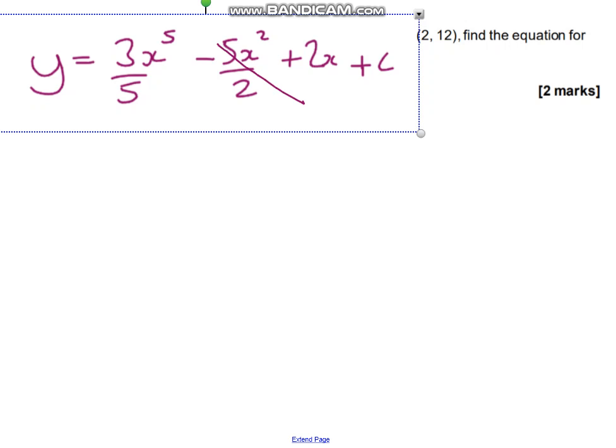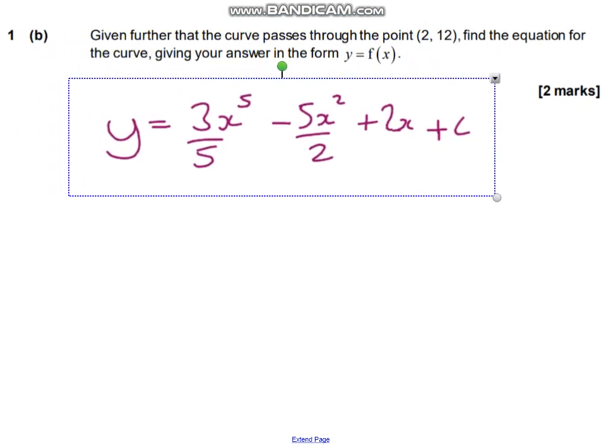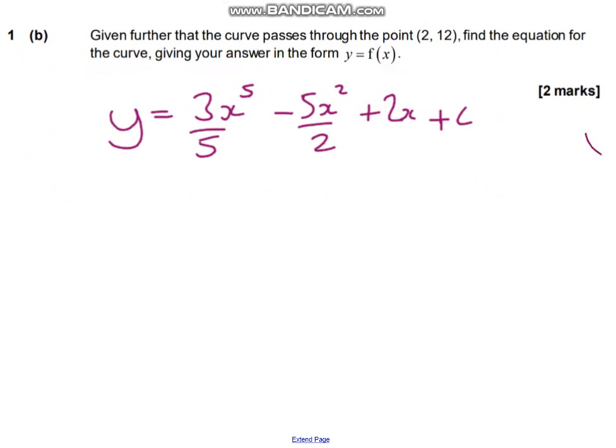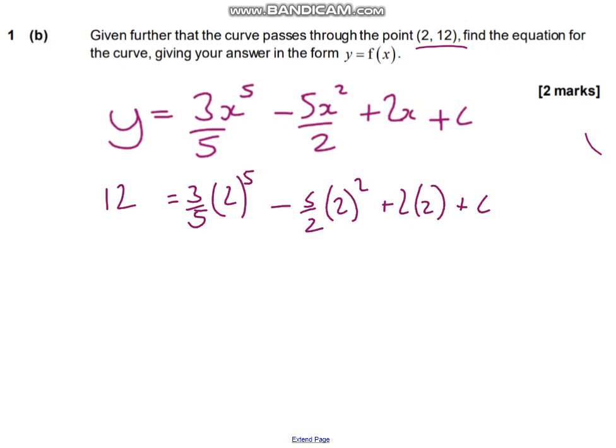Okay, so given what we just got, which is there, now we just need to substitute in the values that we got here, the 2 and 12. So 12 would be equal to 3/5 times 2 to the power of 5, minus 5 over 2 times 2 squared, plus 2 times 2, plus c.